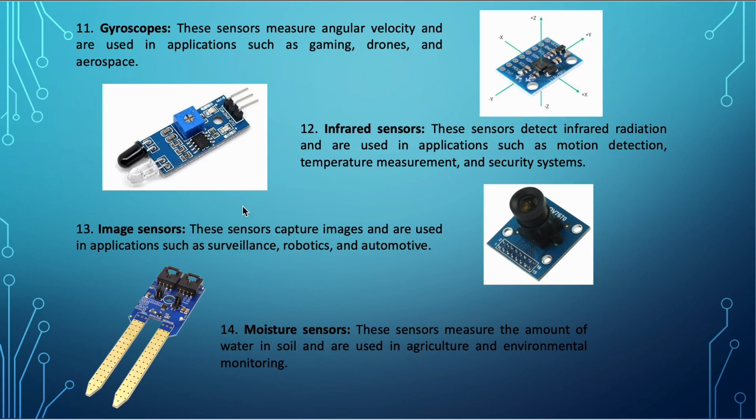We have to check and write the code. Motion detection or proximity detection means security systems are being used, right? Infrared radiation used for temperature measurements would be a separate set of equations that will be used.